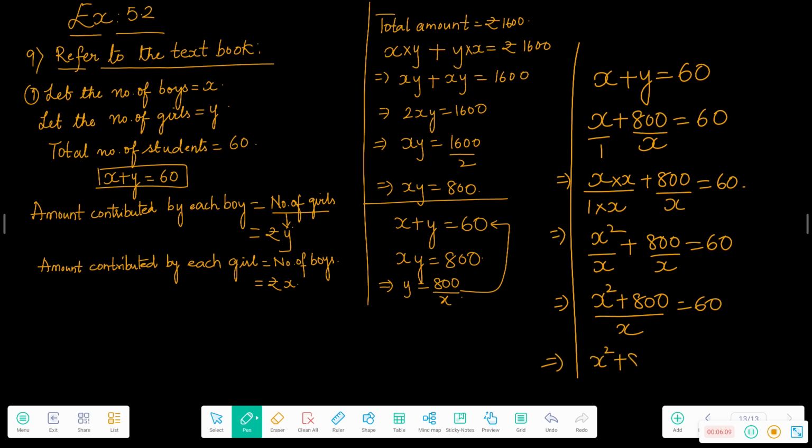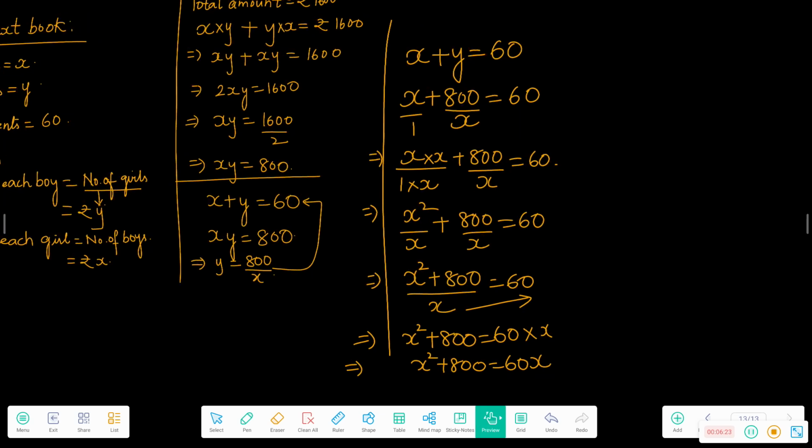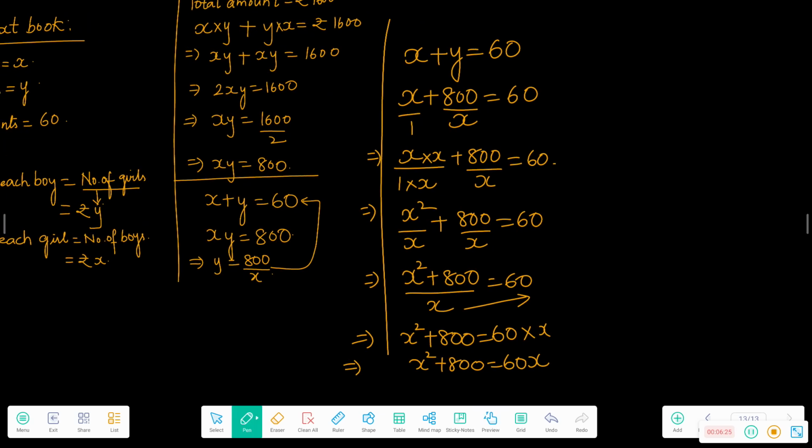So x square plus 800 is equal to 60 into x. This x will go here. So x square plus 800 is equal to 60x. x square minus 60x plus 800 is equal to 0. Now we got a quadratic equation and we have to find the factors of 800.